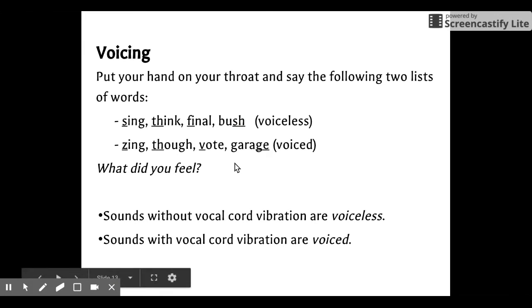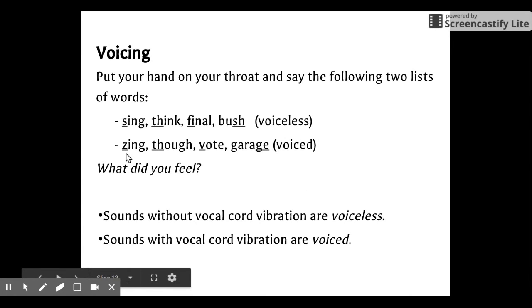Let's do a little experiment here. If you put your hands on your throat and say the following list of words: sing, think, final, bush, you would not feel a lot of vibration for voiceless sounds.